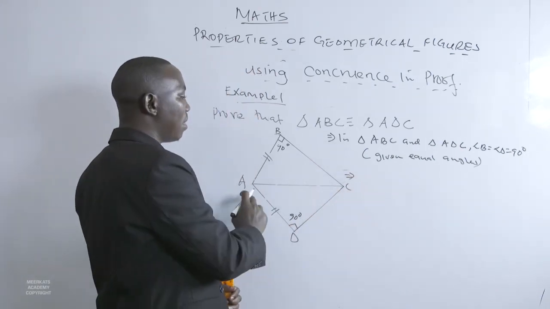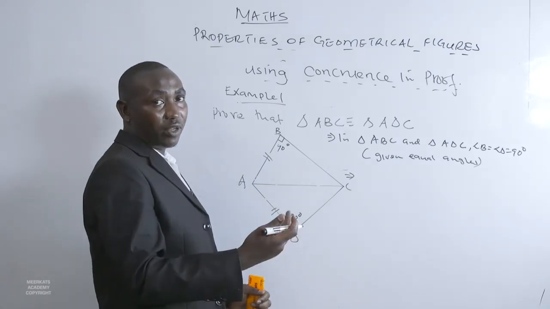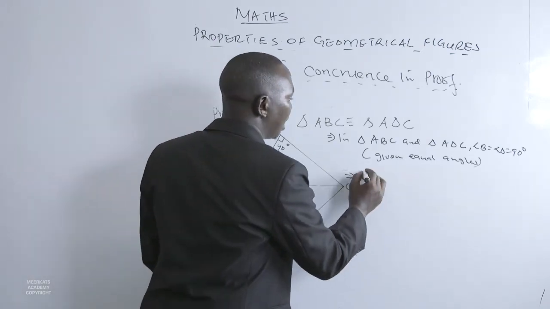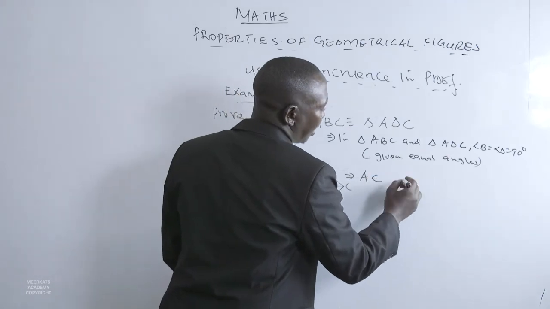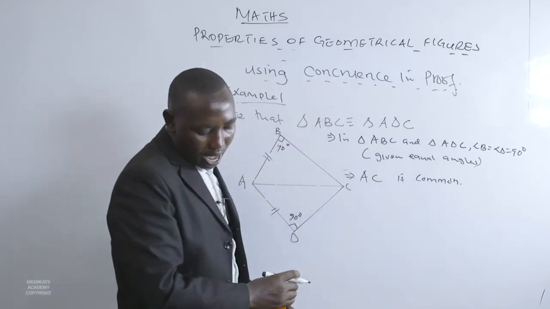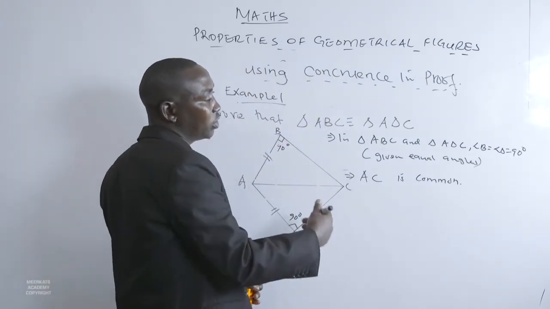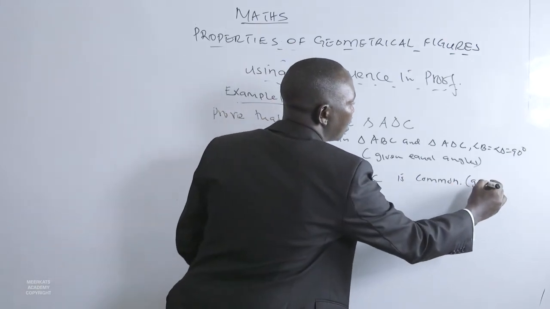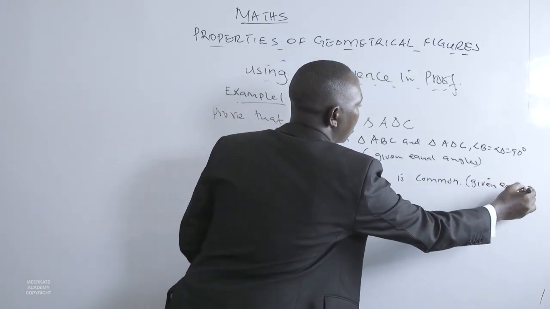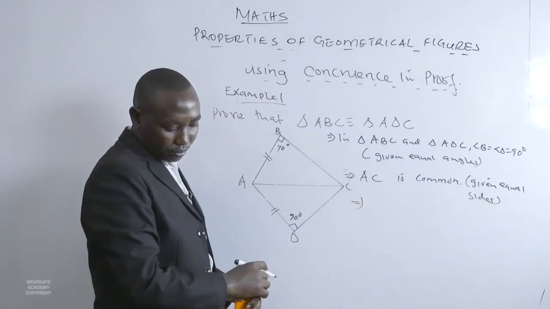Number two is about AC. It's common for both triangles and therefore it's going to be equal. So you can just give it as AC is common to both triangles. Given equal sides, that is your reason.